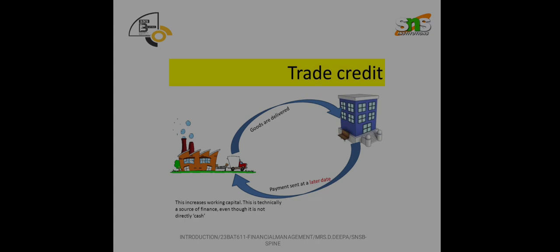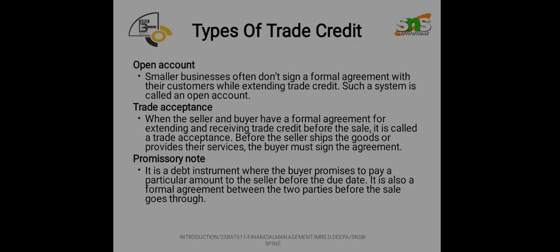Not like that. Anyhow, later he is going to get the payment, and again he needs to do the production. There are so many processes happening. So this obviously increases the working capital, and even though it is not directly cash, it is also a source of finance. Trade credit also comes under the sources of finance.